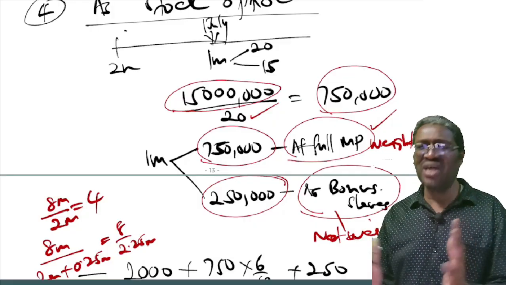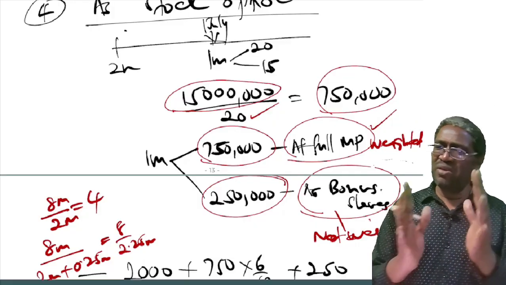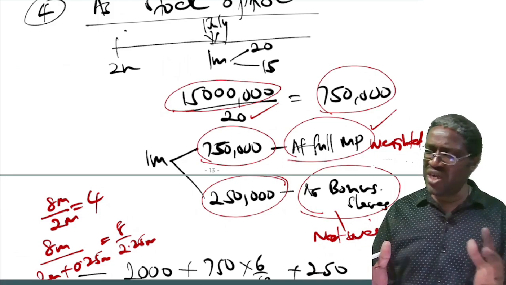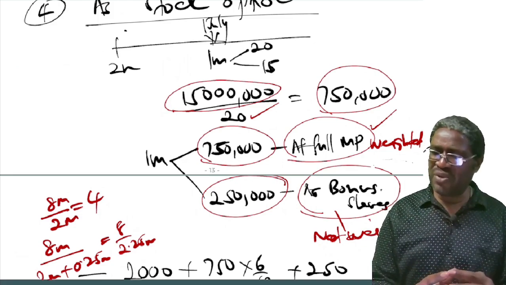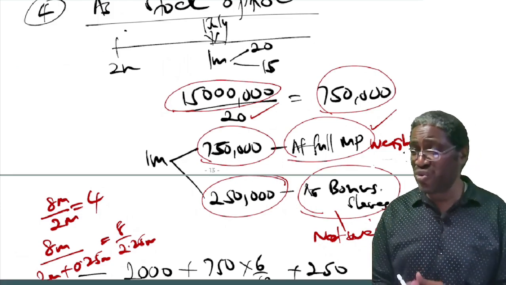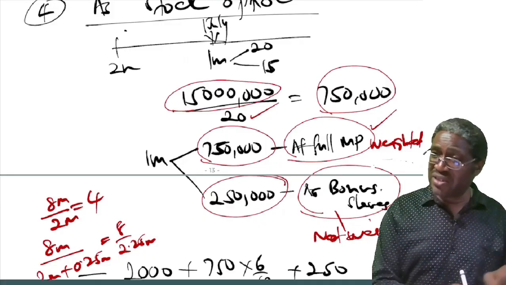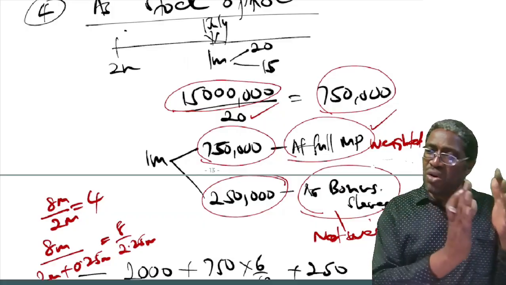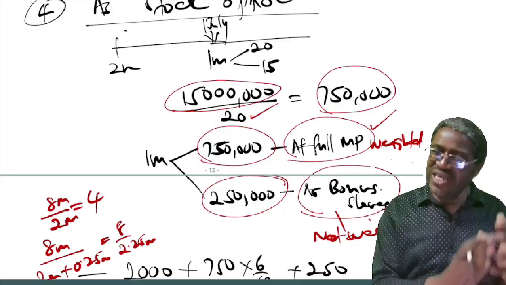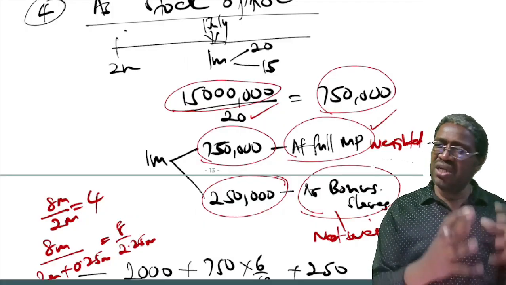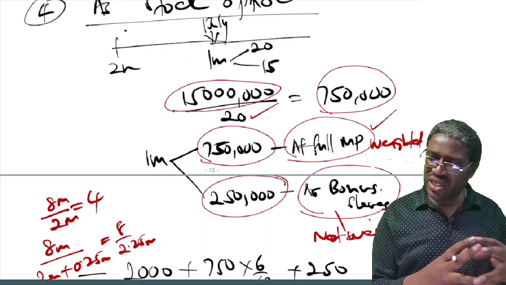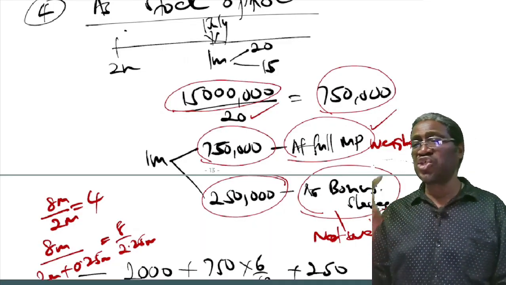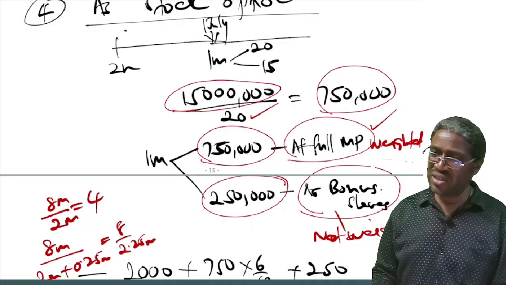You have to remember that. Two, those issued at full market price are weighted. Those not issued at full market price are never weighted. And you have also to remember the EPS of last year should be restated for comparison purposes. How? By dividing the earnings of the previous year by the number of shares in the previous year, plus the bonus share element in the current year.